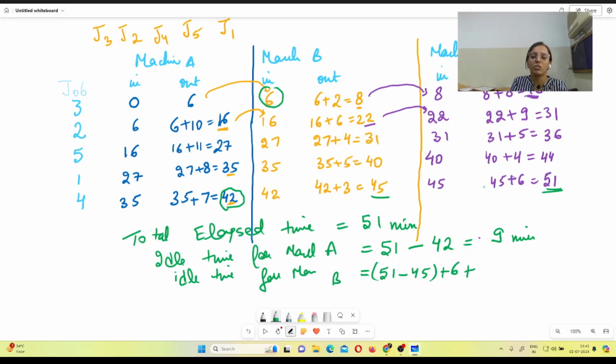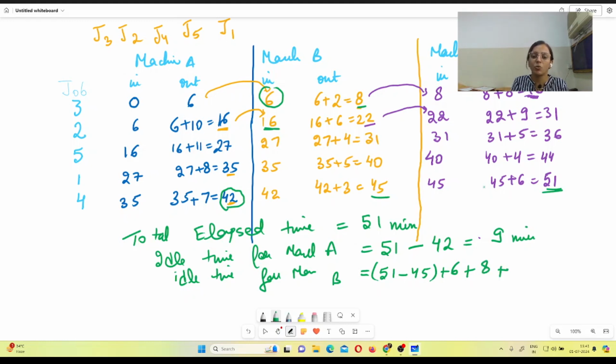Plus further, this is 8 and this is 16. Just focus on machine B. It is waiting for 8 minutes more, so you have to add this value of 8 minutes.